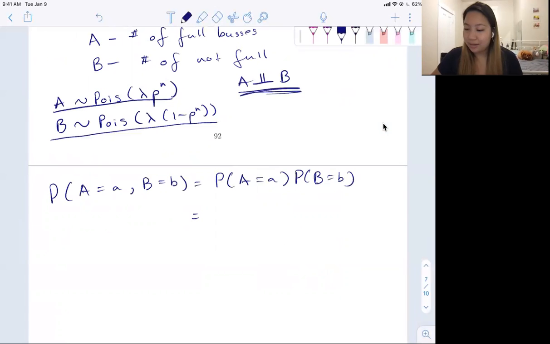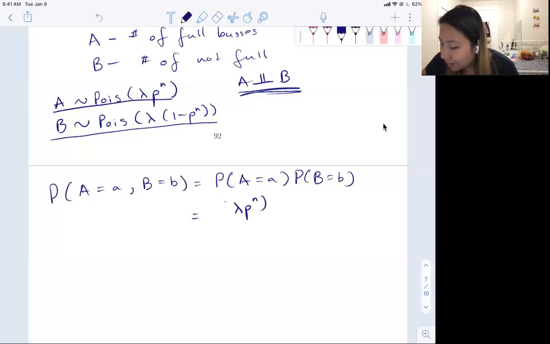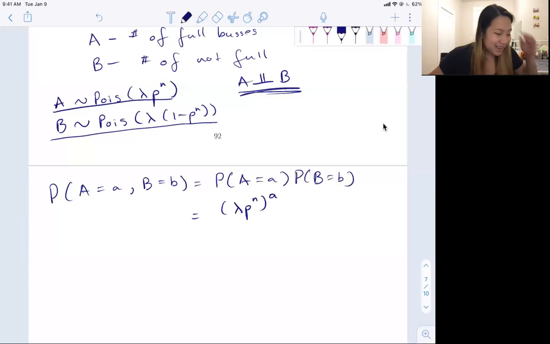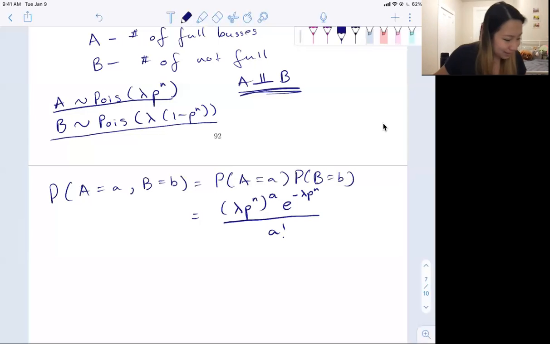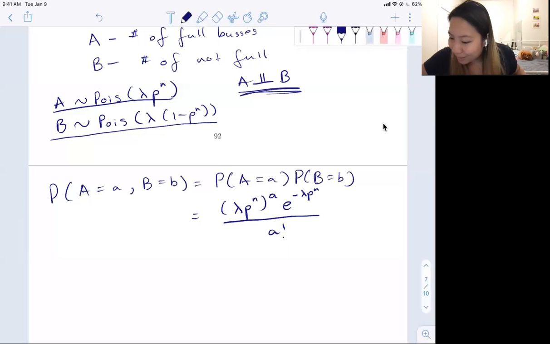Now we just plug it into the Poisson PDF. So that's lambda p to the n, to the a, times e to the negative rate parameter, all over a factorial for the first one. Let me make sure I didn't mess up anything there. Oh, I did mess up something.